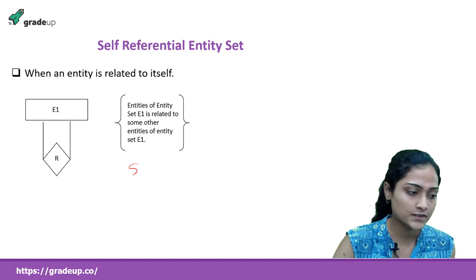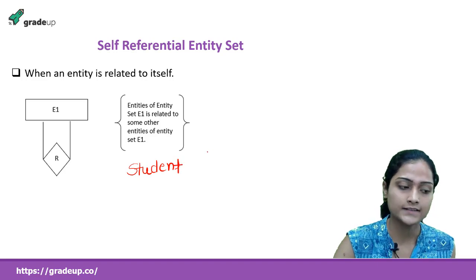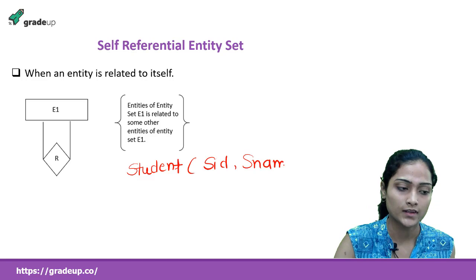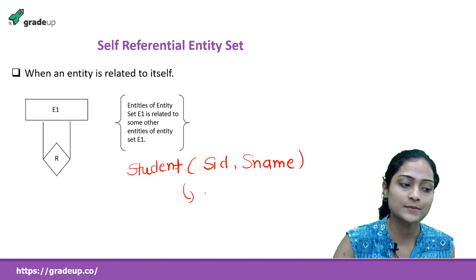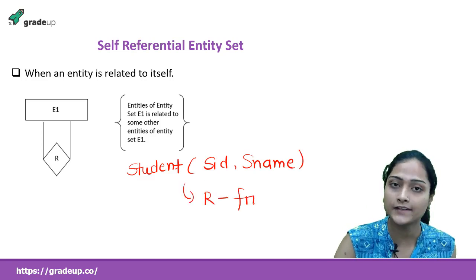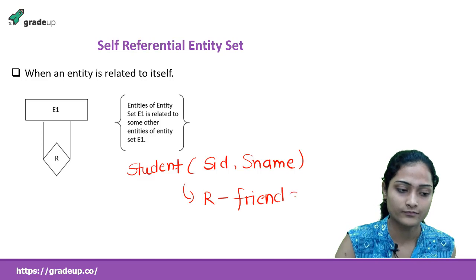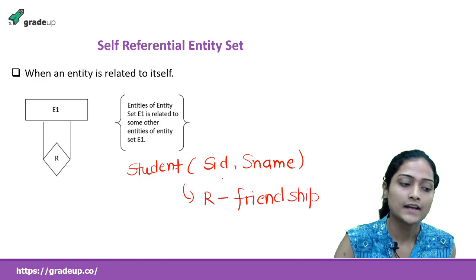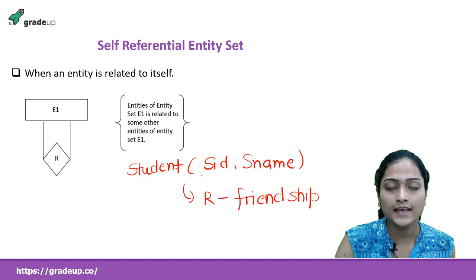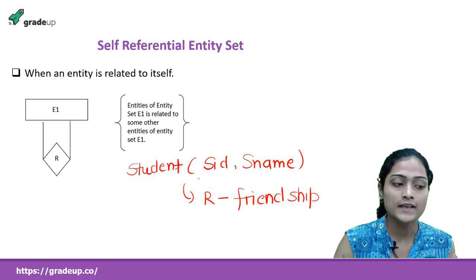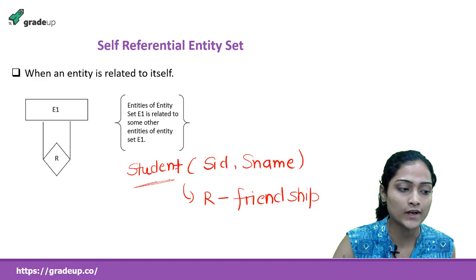Suppose you have a student entity set having SID and SName, and this relationship set R is friendship. Definitely a particular student, let us say S1, is a friend of someone who is part of this student table.